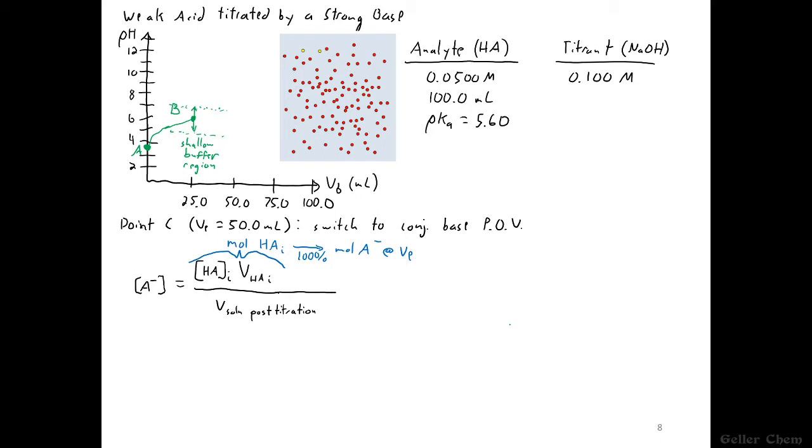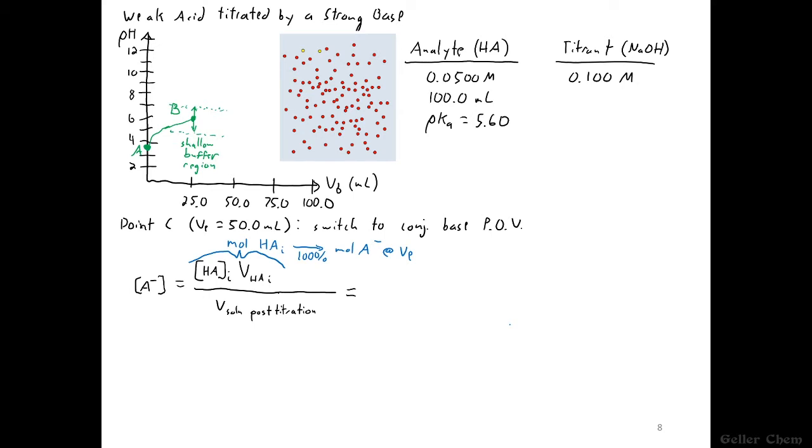So the moles of HA that you start with are the moles of A- that you have at the equivalence point. But the volume that those moles are swimming in is larger than it was initially because we've added these 50 milliliters of base. And so from this we'll get our concentration of conjugate base at equivalence point.